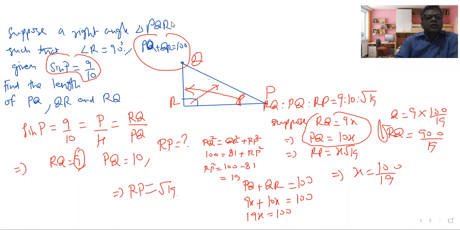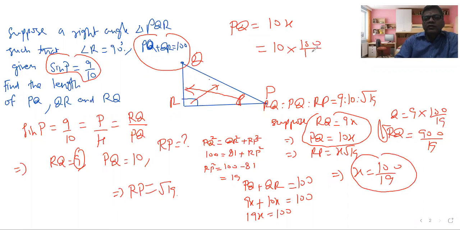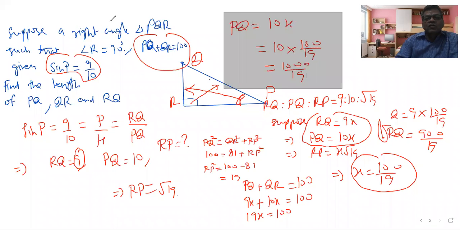Now you have to find the value of PQ. And what is PQ? PQ is given by 10 into x. What is the value of x? The value of x is 100 by 19. So this is 10 into 100 by 19, and we get 1000 by 19. So this is the value of PQ.